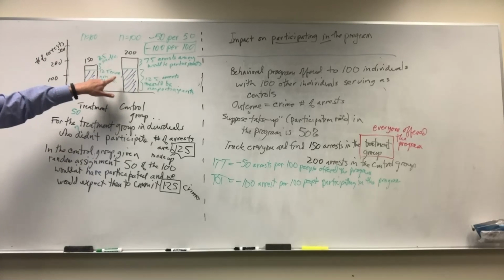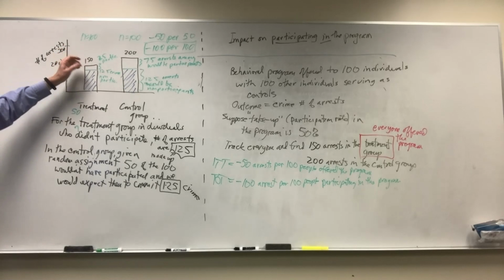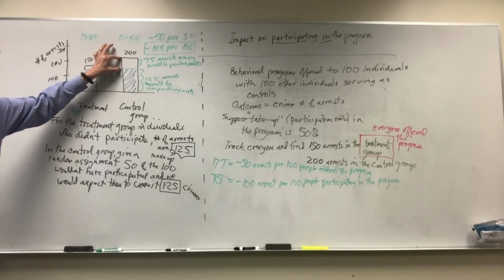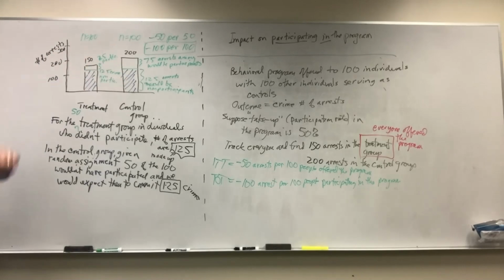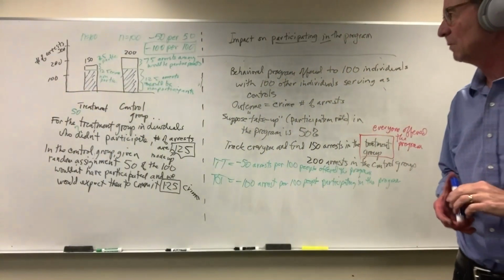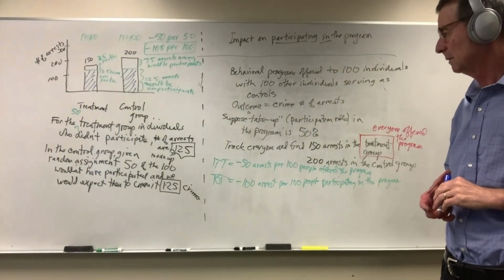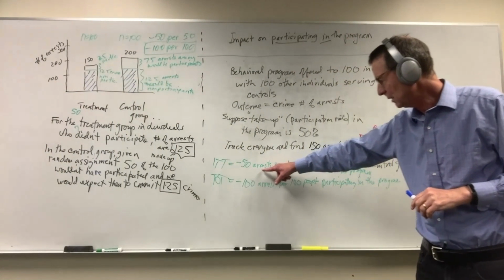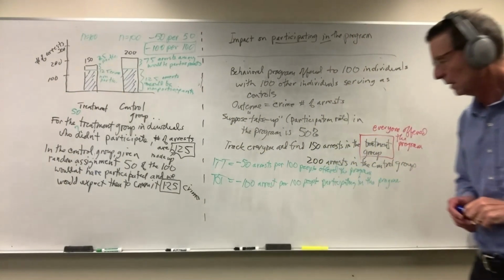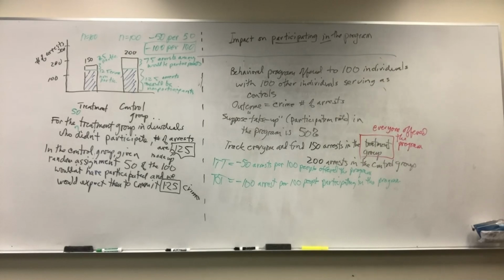So what's left has got to be the impact of the program on the people who took it up. These are non-participants. These are participants who took it up. These are would-be participants who would have taken it up had they had a chance. And that difference is 50 arrests. And we want to have the common denominator of per 100 for both. So before, the ITT was minus 50 arrests per 100 people offered the program. Here, the treatment on the treated is minus 100 arrests per 100 people participating in the program.